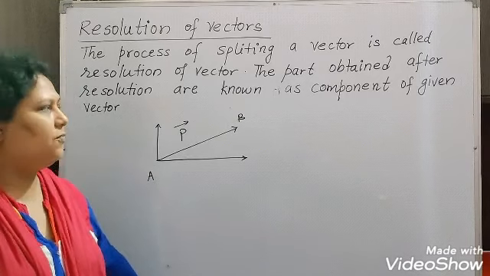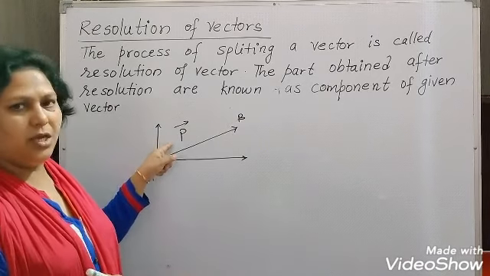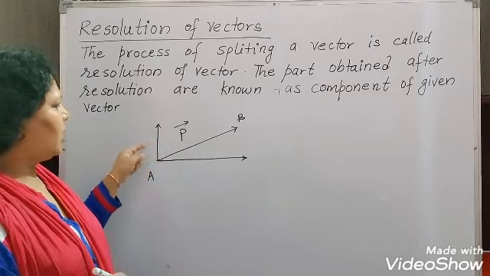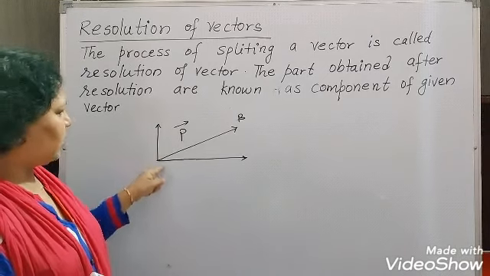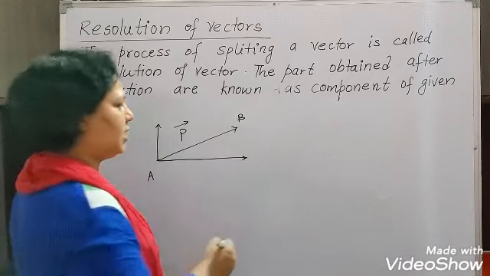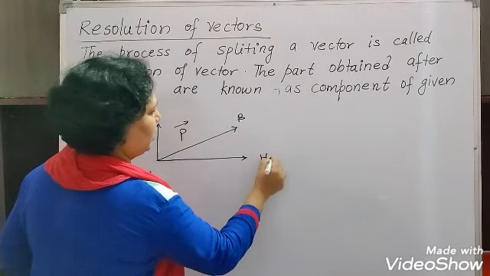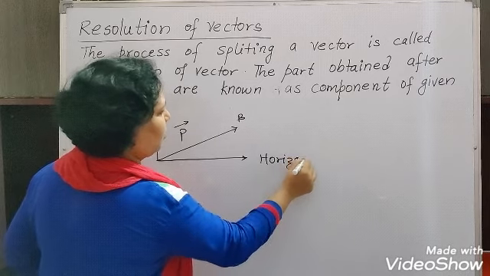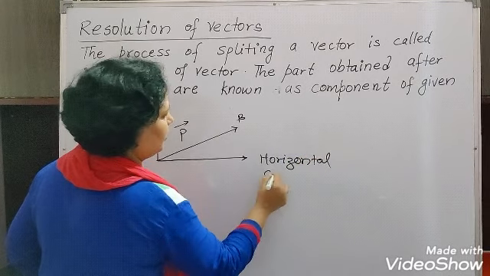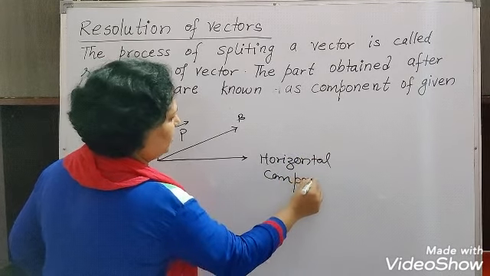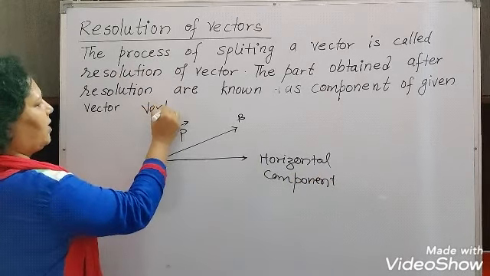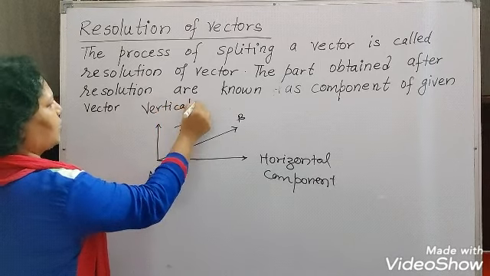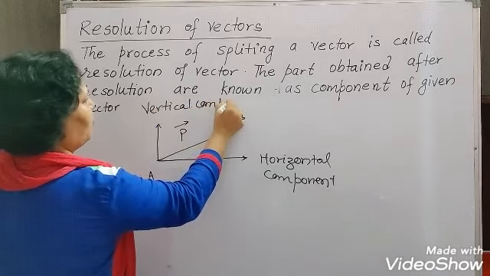We are taking a vector P in the diagonal and we are splitting it into two components. One component is in the horizontal direction. This component is called horizontal component, and this component is called vertical component.